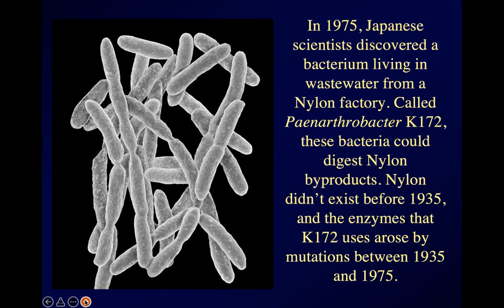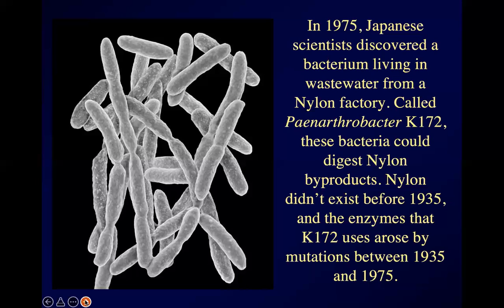Here's another example, 1975. This is a strain of bacteria that for some reason does not have an established specific name. It's called Pinarthrobacter K172. And it was discovered living in wastewater from a factory that produced nylon.